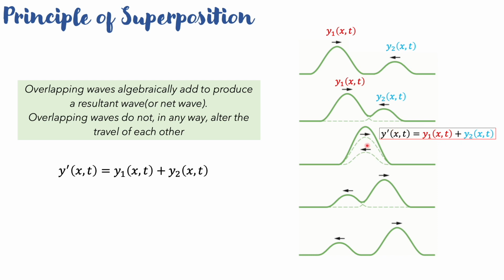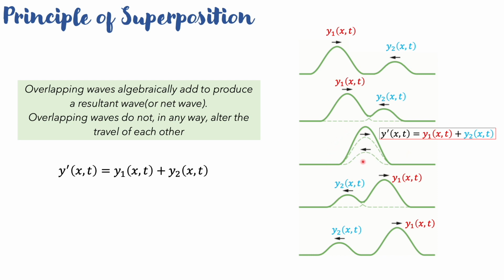This is the equation for this wave. And after they have passed, see, this small wave is going this way, this one is going the other way. So they keep on moving as they were before. They separate from each other. The blue one goes to the left side and y1 goes to the right side, then they continue their travel.